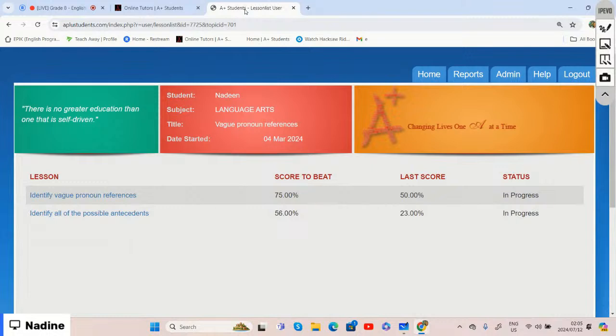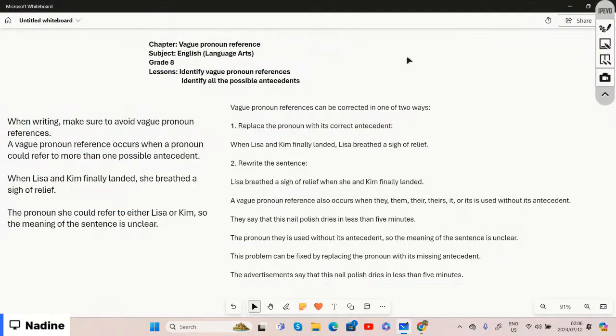All right. So our chapter is vague pronoun reference. Our subject is English language arts, grade 8.